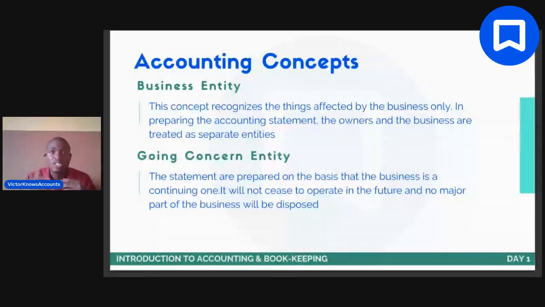Then we cannot say this is the time when we will prepare our financial statement. All right. We cannot wait till we prepare our financial statement, or let me say we cannot wait till our business ends. Because why?